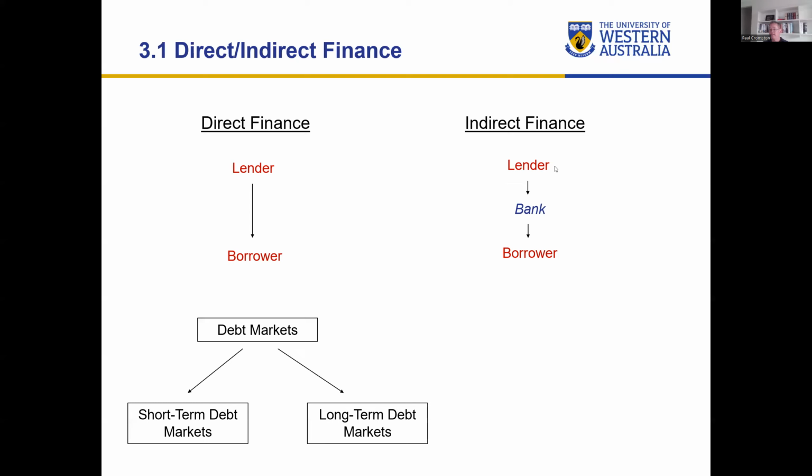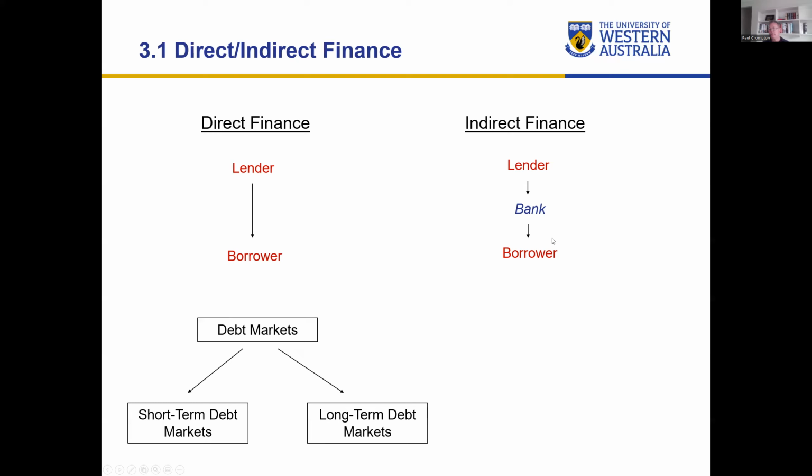But we'll leave indirect finance there. I just need you to know that it exists. In this topic and topic 4, we'll also explore global financial markets. We're not really interested in this type of finance, indirect finance. We're more interested in direct finance over here on the left.